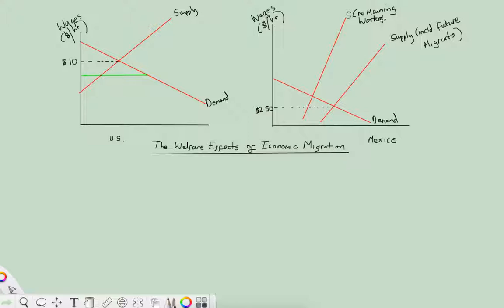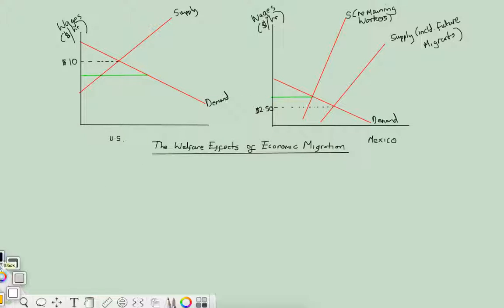But people leaving Mexico and moving to the United States, of course, puts upward pressure on the wages in Mexico. So people who stay behind, if you like your country, but the wages are rather low, you want to hope somebody else leaves to put upward pressure on your wages. But we will suppose that the amount of people who have moved over to the United States are such that maybe wages in Mexico rise.